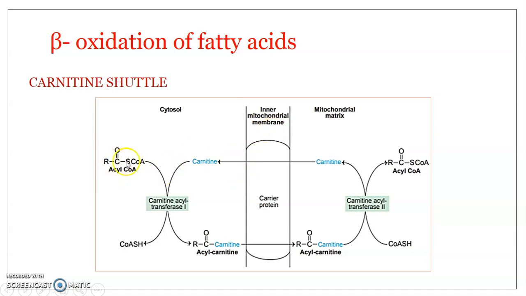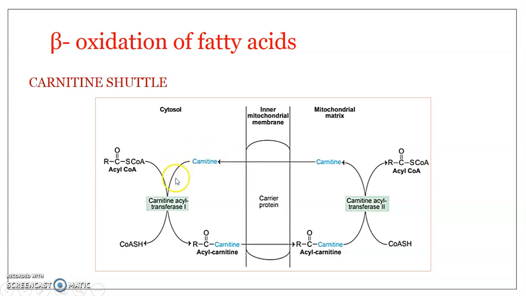Now the fatty acyl coenzyme A binds with the carnitine. You can see this reaction is a reversible reaction. So the fatty acyl coenzyme A binds with carnitine on the outer side of the inner mitochondrial membrane.